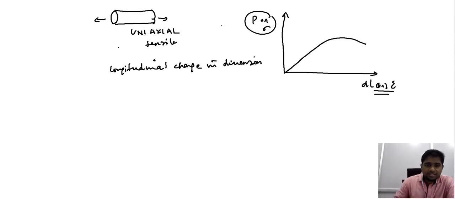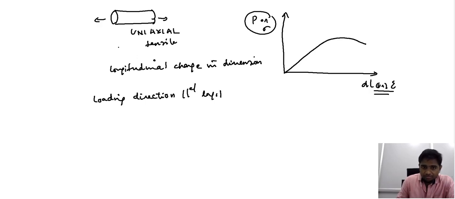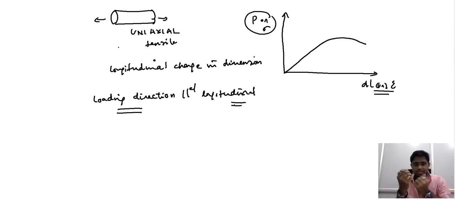When we consider the uniaxial loading, particularly in this direction, there is the loading direction which is parallel to the longitudinal direction. So we have a longitudinal direction and the loading direction is parallel to the longitudinal direction. That is the reason why we see an expansion along this direction.